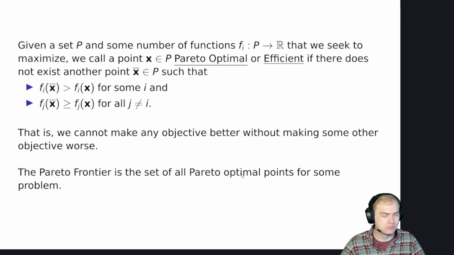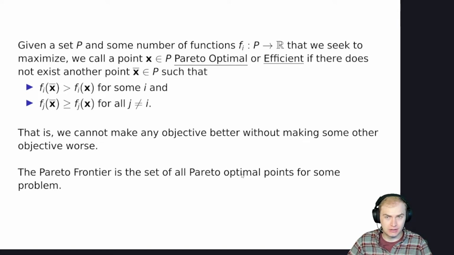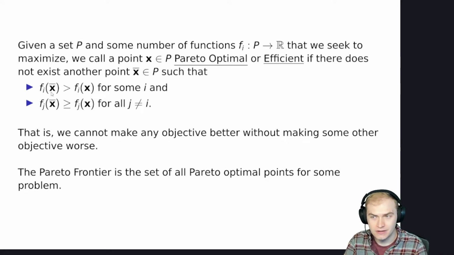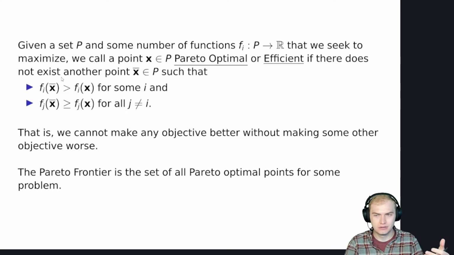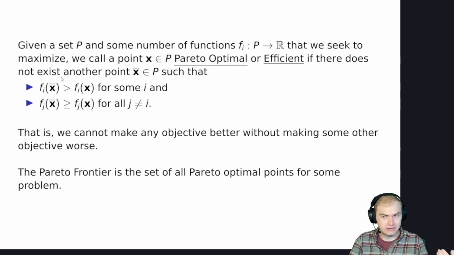Given a set P and some number of functions f that map P onto the real numbers that we want to maximize, we call a point x that's in P Pareto optimal or Pareto efficient if there does not exist another point in P such that this new point is strictly better than our original point for some objective, and our new point is no worse than our original point for all other objective functions.